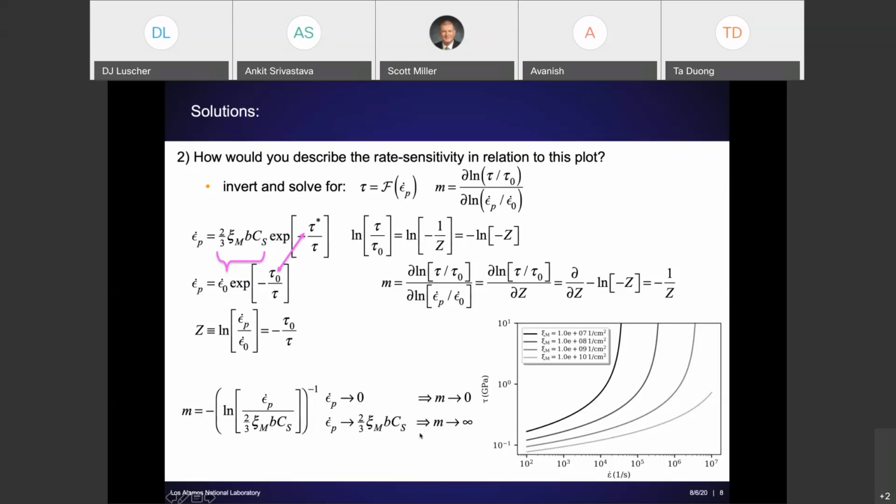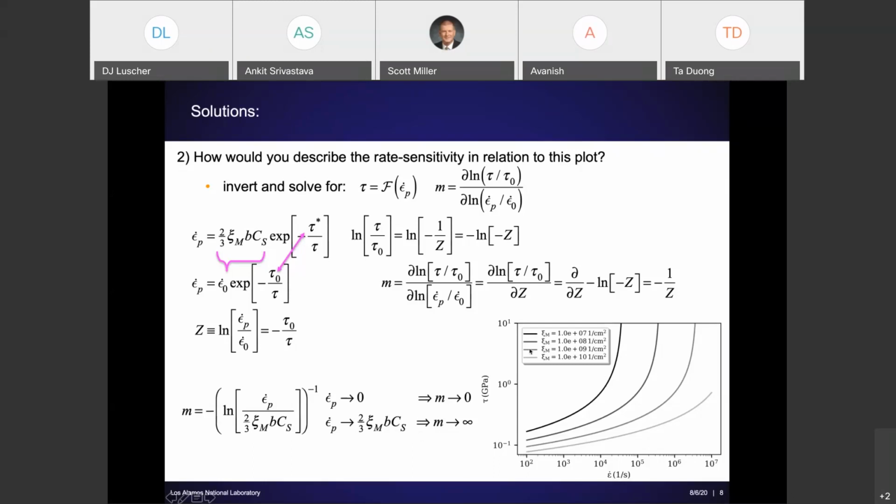As we approach the upper bound for the strain rate at which we can accommodate plastic deformation according to this model, at a given value of mobile dislocation density, our rate sensitivity grows without bounds. So the material model becomes incredibly rate sensitive at the limiting values of strain rate.